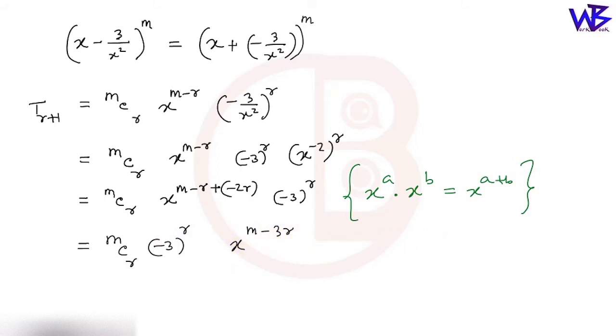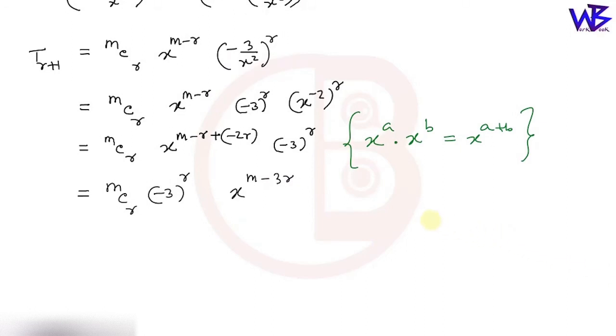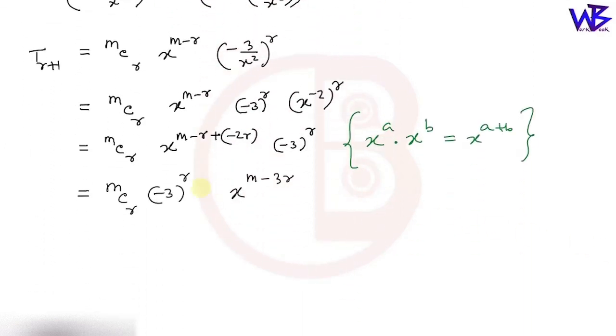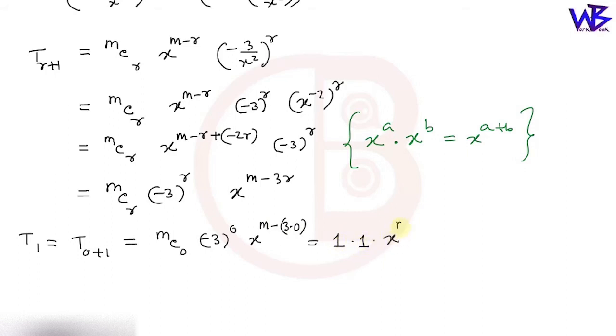Now we will get the coefficients of the first three terms as given in the question. So the first term, which is T1, can be written as T(0 plus 1), which will be equal to mC0 into minus 3 to the power 0 into x to the power m minus 3 into 0. mC0 is 1, minus 3 to the power 0 will be 1, into x to the power m, which is simply x to the power m.